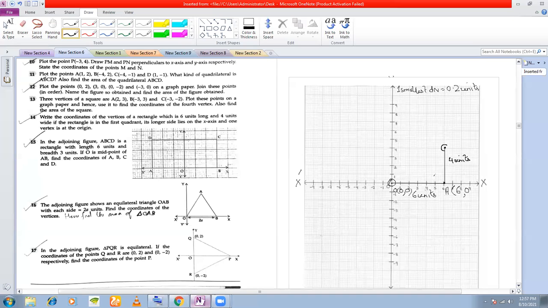So let us call this point C. Now tell me what should be the coordinate of C? 6, 4. Why 6, 4? Because from the origin, in order to reach it, first you move 6 units and then you move vertically plus 4 units. So therefore, the coordinate becomes 6, 4.